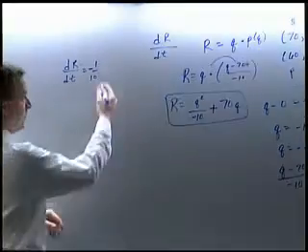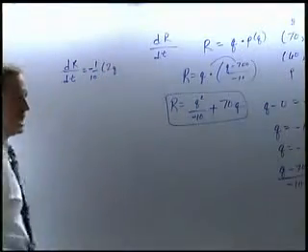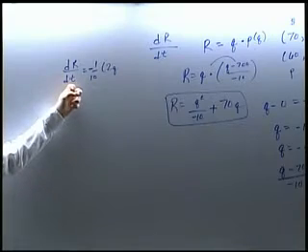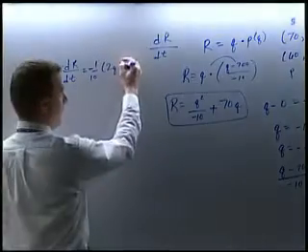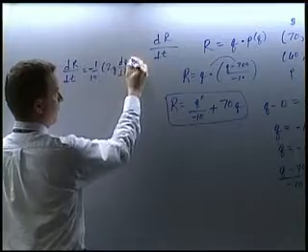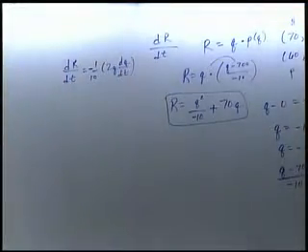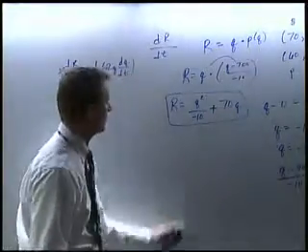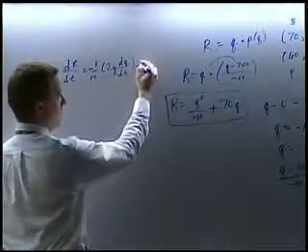2 times Q. And since we're taking the derivative with respect to time, what else do I need here? dQ/dt. Right. So that takes care of that problem. What's the derivative of 70 times Q? 70.